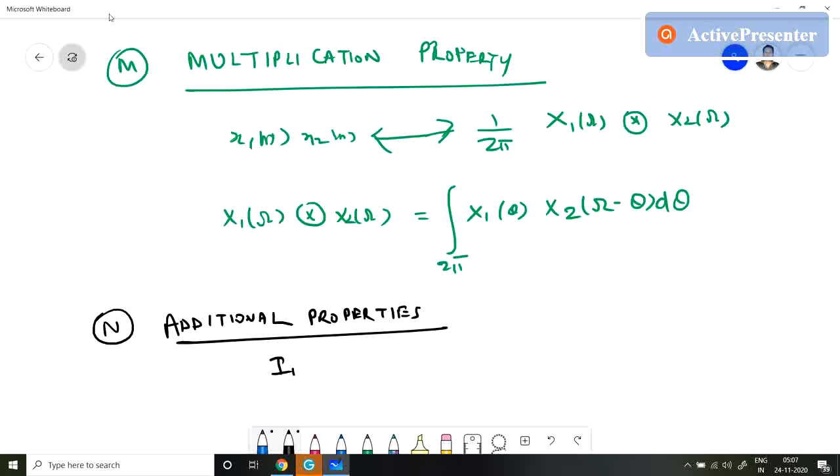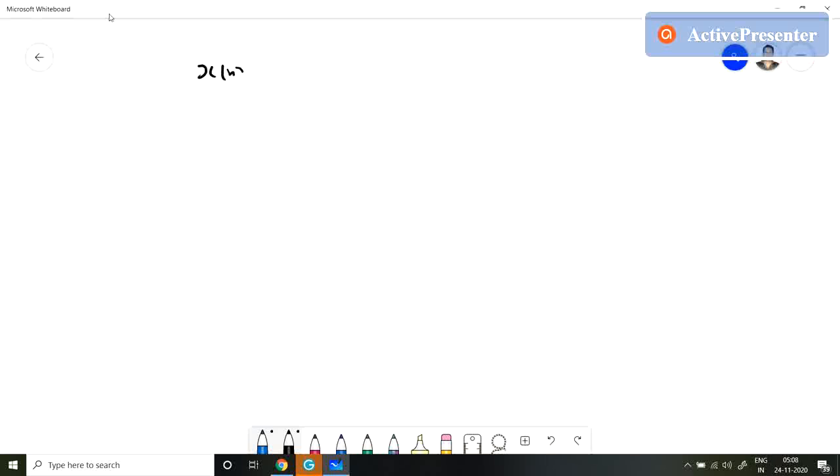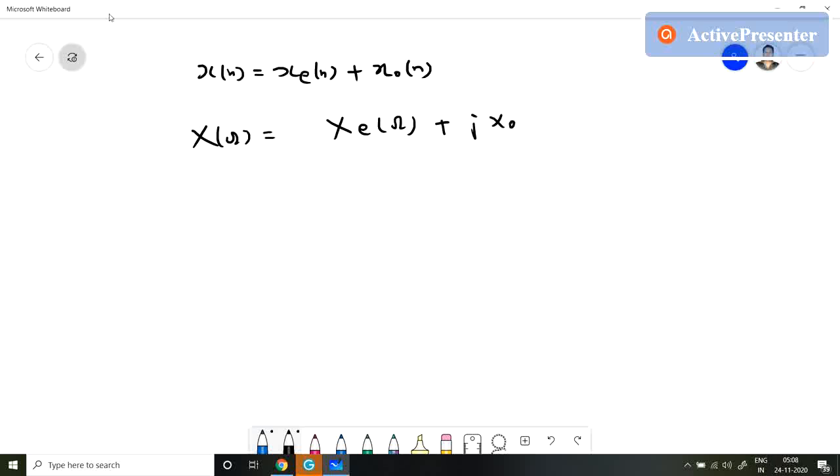So if x[n] is real, what is that additional property? If x[n] is real, then x[n] is equal to xe[n] plus xo[n], that is, the even and odd part components of x[n]. Then X(Ω) can be written as Xe(Ω) plus jXo(Ω).